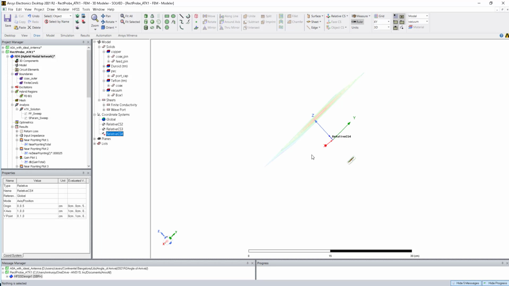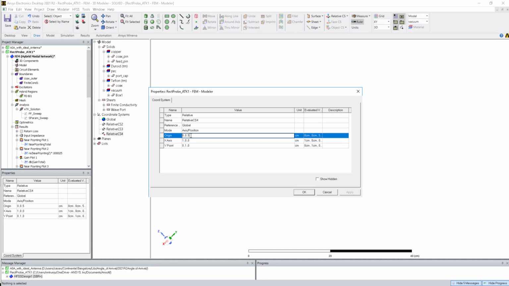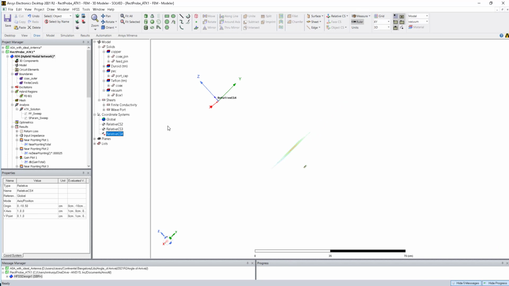Let's take this particular coordinate system and move it here, 50 centimeters, half a meter, and minus 10 centimeters in y. So you can see this coordinate is here. I'm going to rotate this coordinate by some angle, say theta by 10 degrees, and to reflect it, let's put 25 degrees.